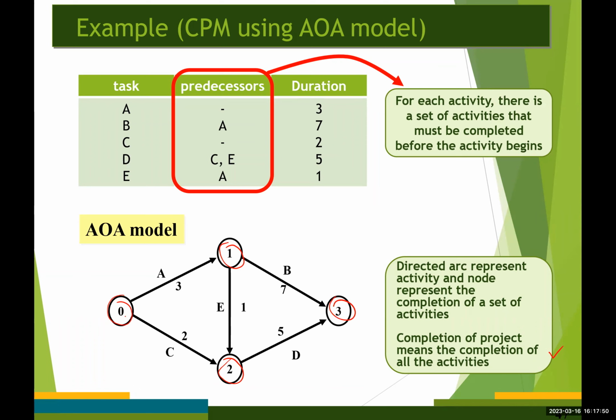So usually node number 0 represents the start of the project. And an arc should lead from this node number 0 to each activity that has no predecessors. So in our case, because both activities A and C have no predecessors, that's why we have 2 arcs directed from node number 0, okay?